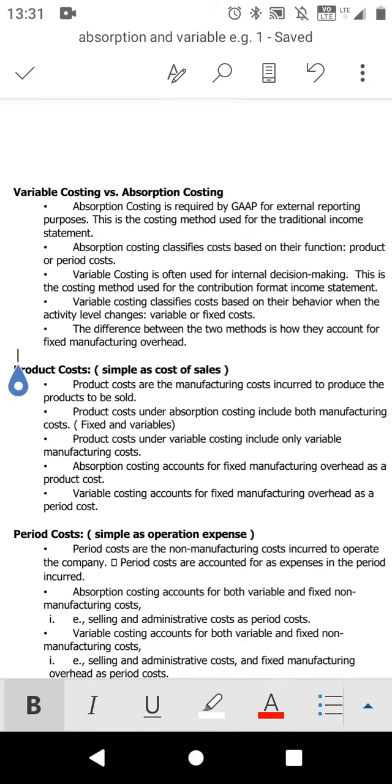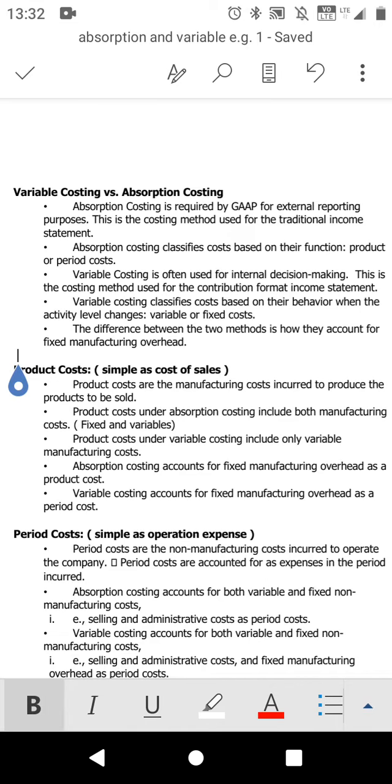Then variable costing vs absorption costing. We must know the difference between these two methods so that we will be able to prepare those statements. Absorption costing is required by GAAP for external reporting purpose. This is the costing method used for traditional income statement.